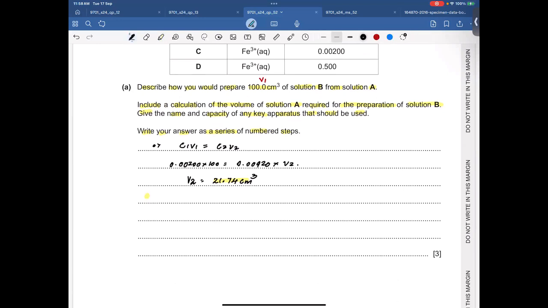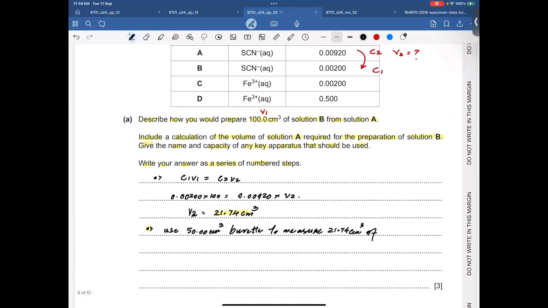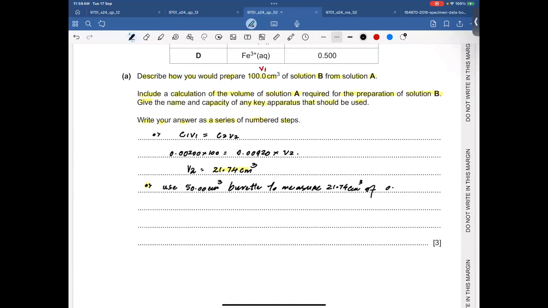All right. Let me write the second point. Use a 50 cm cube burette to measure 21.74 cm cube of 0.00920 mole per dm cube solution.